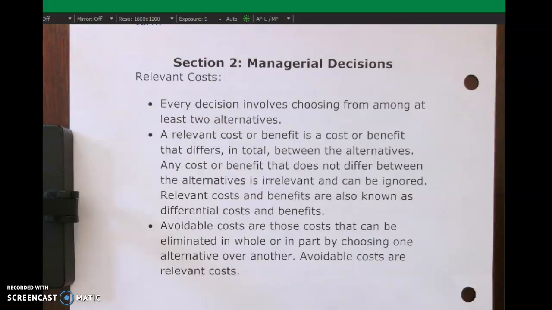If I'm trying to evaluate between two software packages, software package A gives me savings of $1,000 a month. Software package B also gives me cost savings of $1,000 a month. That's just not relevant because they're both the same. And so at that point, I might just focus solely on the cost.